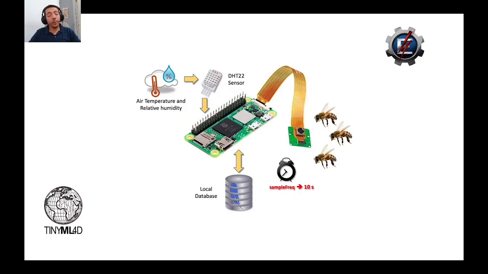And what we really want in the end of this project is to take pictures of the beehive entrance, like every 10 seconds, and perform an inference and estimate the number of bees in the beehive entrance and send this information to a beehive owner.